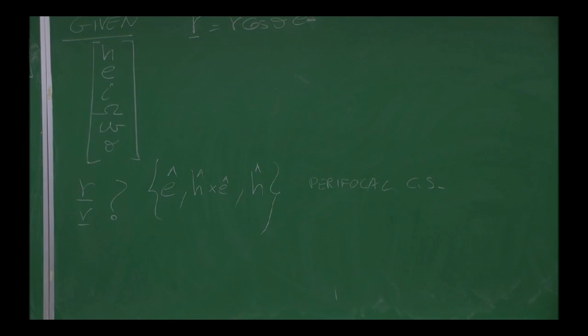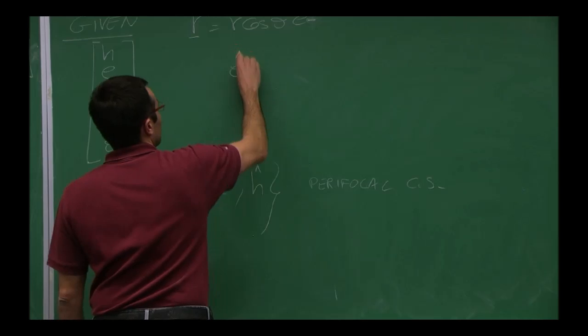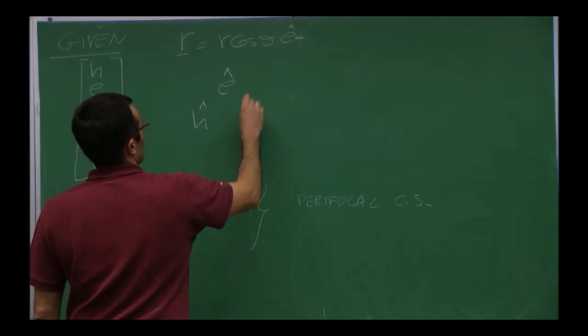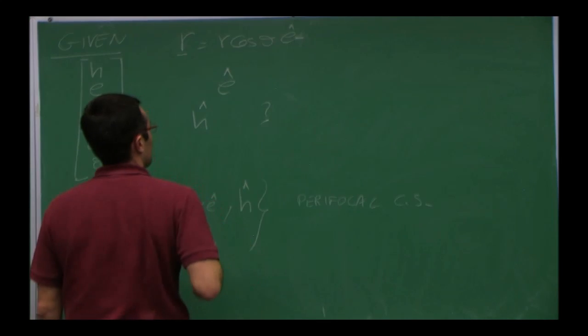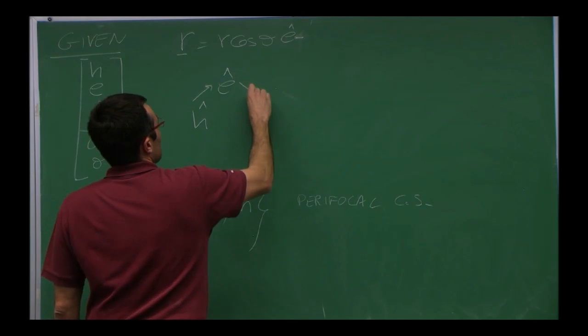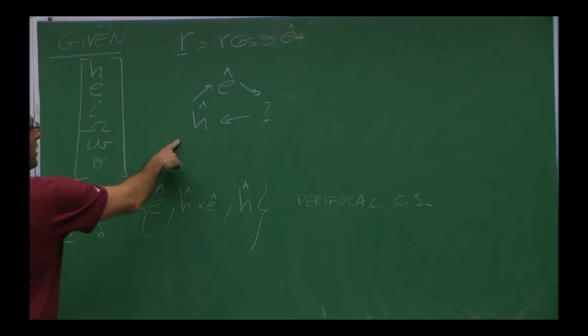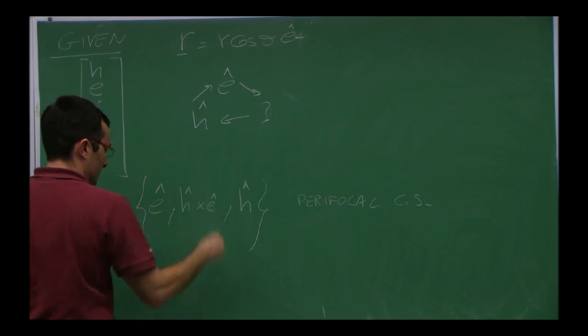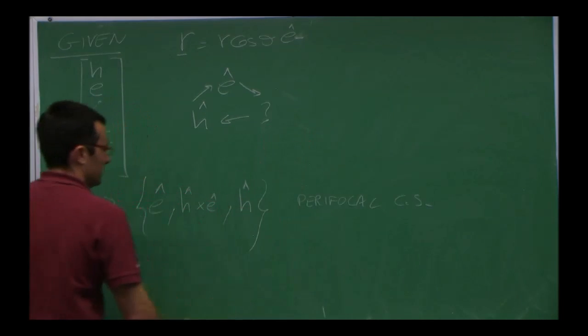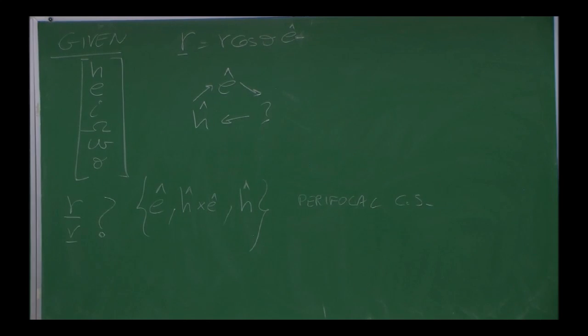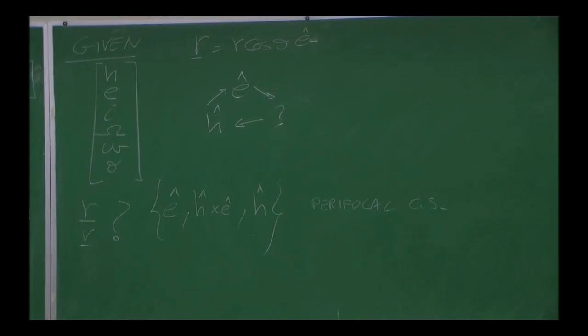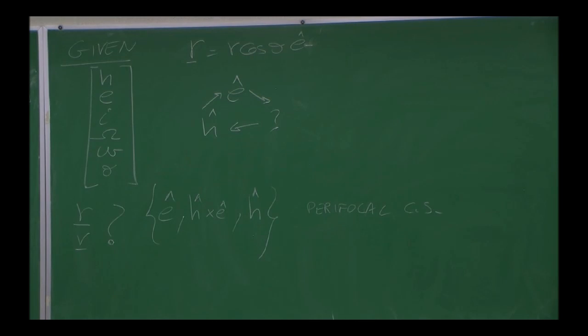E, H, I don't know. I'm terrible with this stuff. You're not sure, just double check. H cross E gives me the second one. Yeah, I like it. That's fine. It works. I did that trick, right? The clockwise arrows. So that's a right-handed coordinate system.